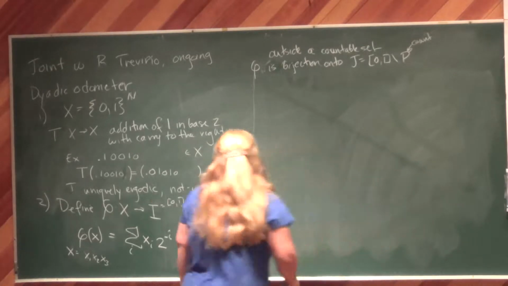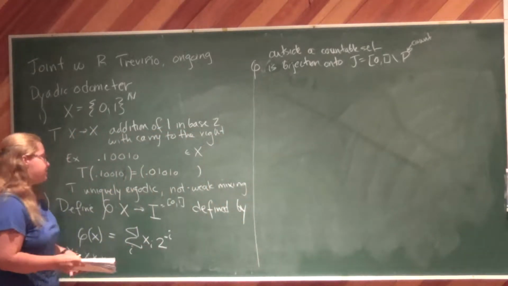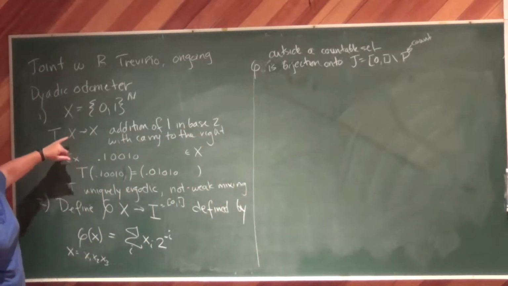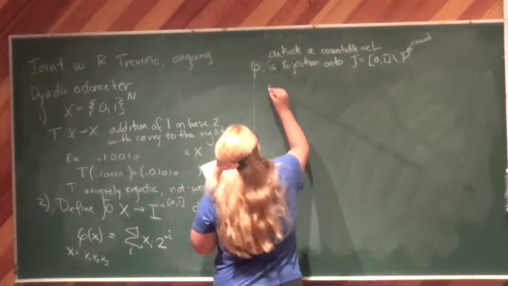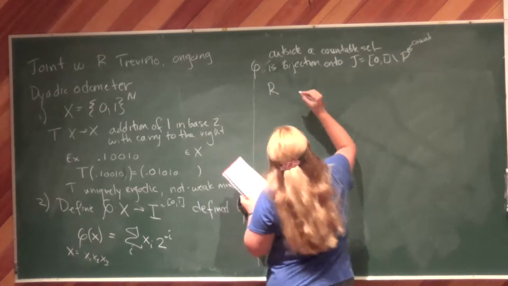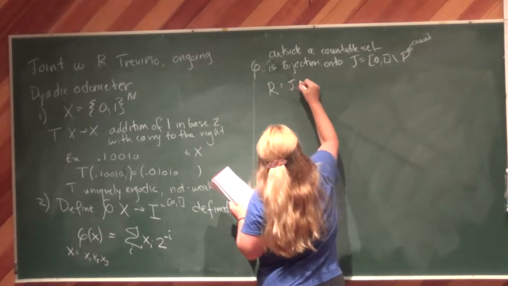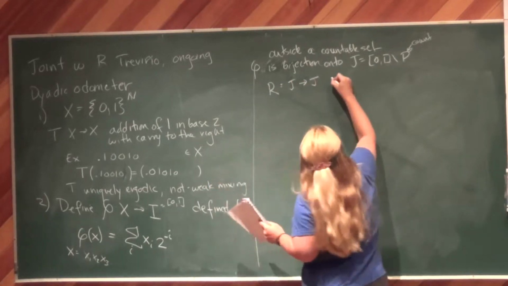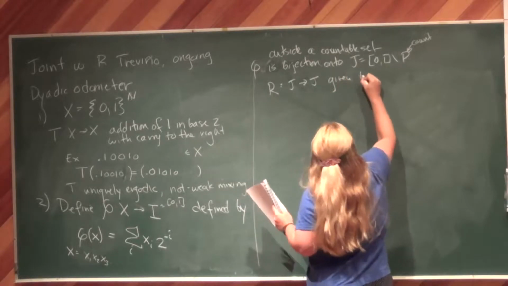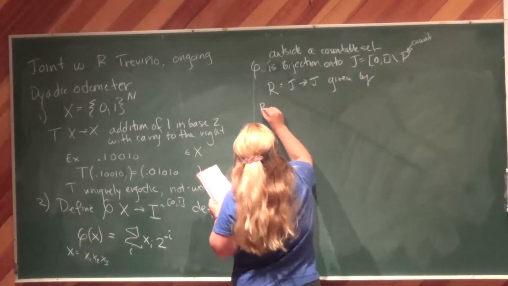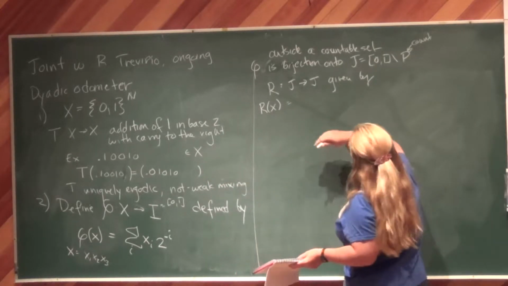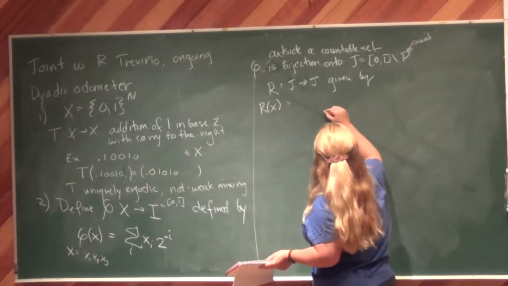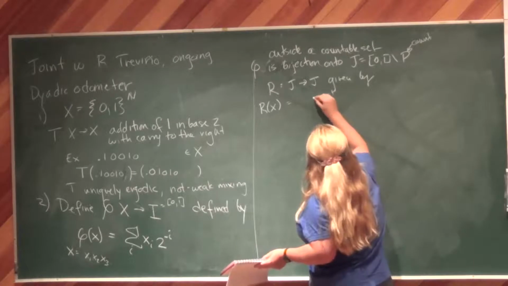So we can now look at the conjugation of the T map via phi. So we can look at the map, say R, which is defined on J and gives you other points in J, given by R of x equals, starting in J, I pull it back by phi inverse, then I do T, and then push forward by phi.